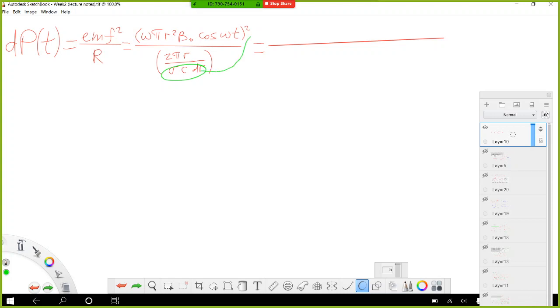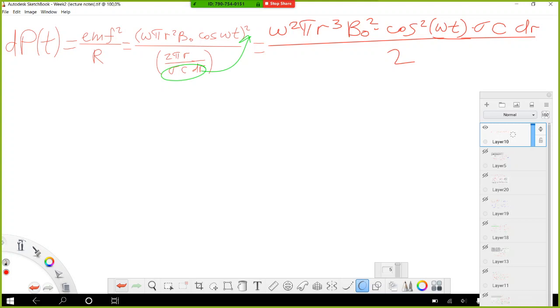Let me draw here, and what we have is omega squared pi p r to the third power b0 squared multiplied by cosine squared omega t multiplied by sigma c dr over 2.